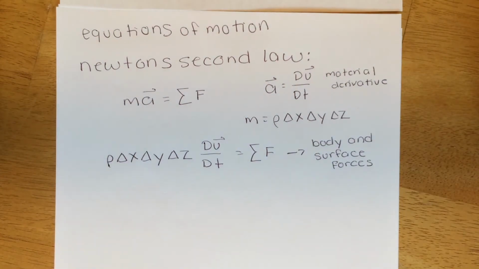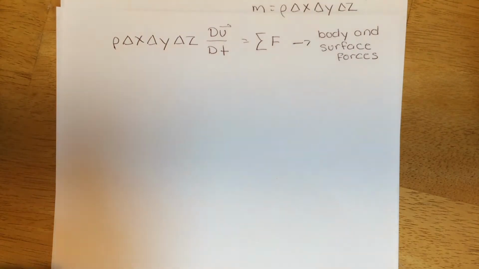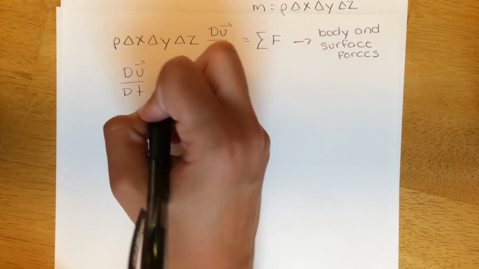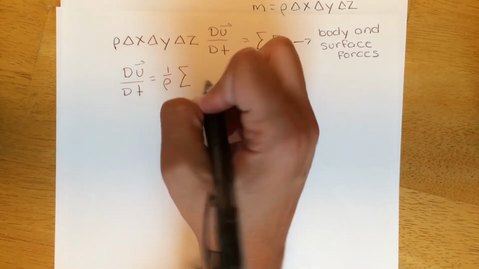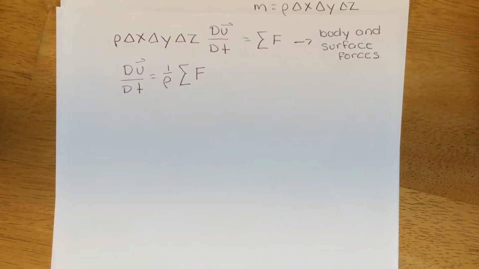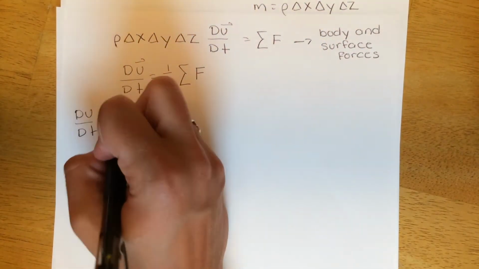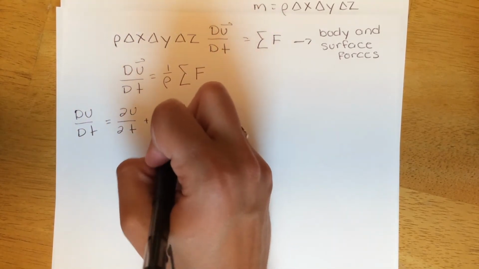All forces are applied to the volume, so we can drop the volume on the left-hand side and divide both sides by the density. Expanding out the partial derivative on the left-hand side and separating into three directions gives us the three equations of motion.